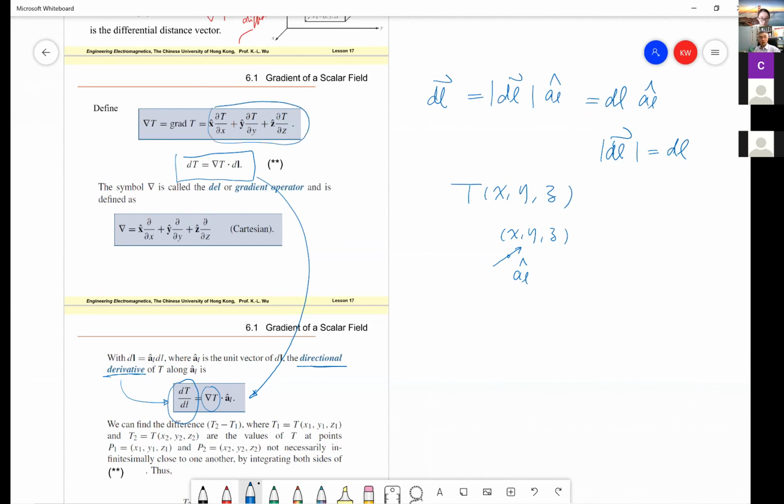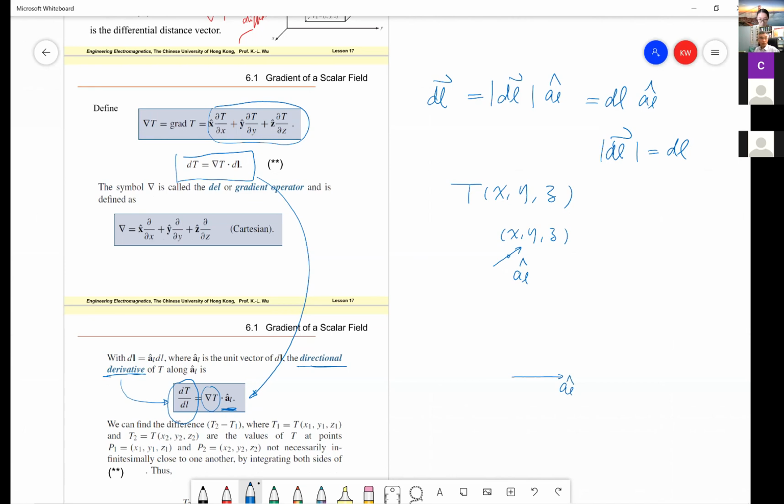Then this is a vector. You take a projection of this vector onto the direction you are interested in. That becomes the directional derivative.